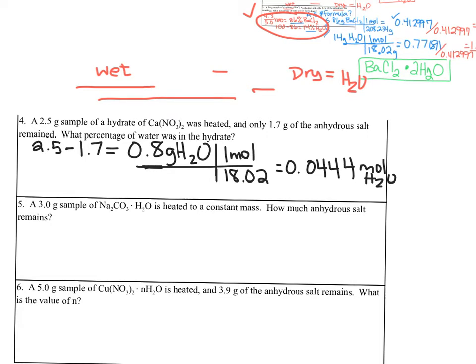We also need the moles of our salt, our anhydrous salt. So we're going to go ahead and take the dry. This one was the one that was labeled as dry. So I have 1.7 grams of calcium nitrate. I'm going to divide that by its molar mass. So I'm going to pause the video again so I can calculate the molar mass.